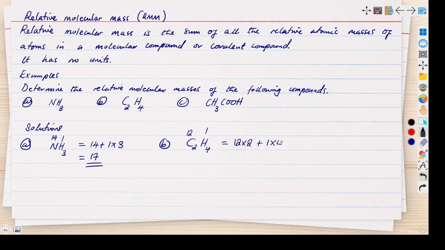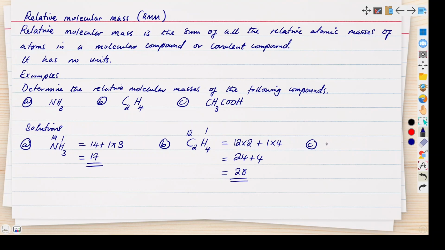That is 24, because 12 times 2 is 24, plus 4. If you sum this up, it will be 28 as the relative formula mass of ethene.